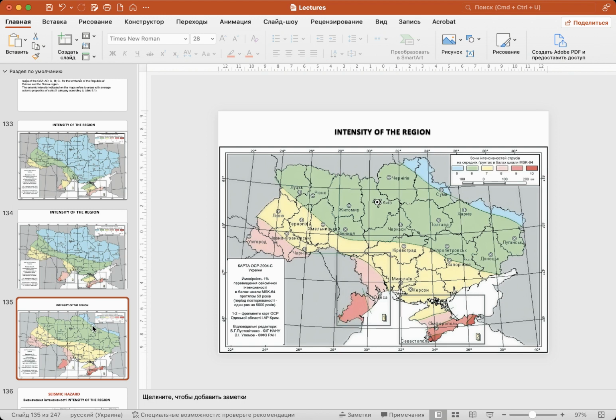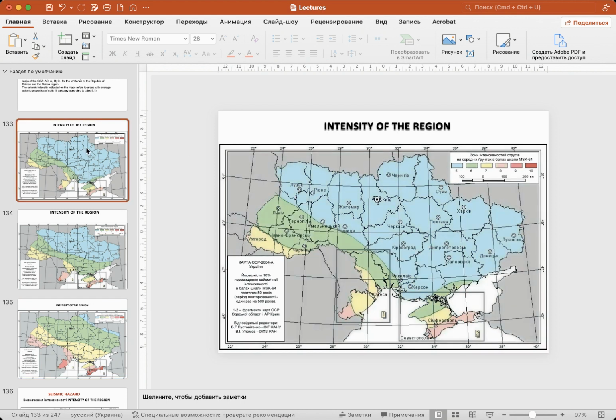So that is why map C is used only for nuclear power stations or something really hazardous, and map A is used for regular buildings, consequence classes CC1 to CC3, but with a height less than 73.5 meters.